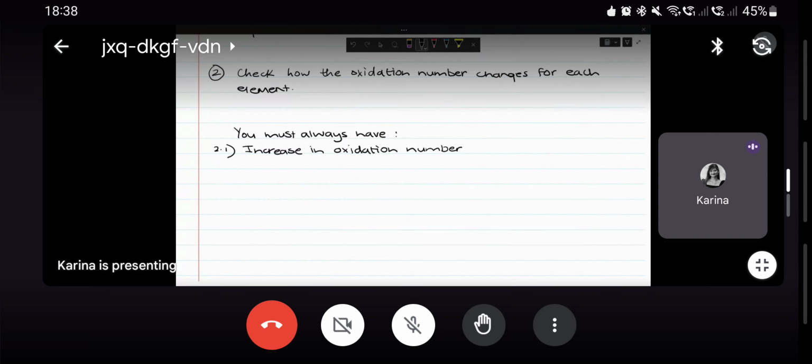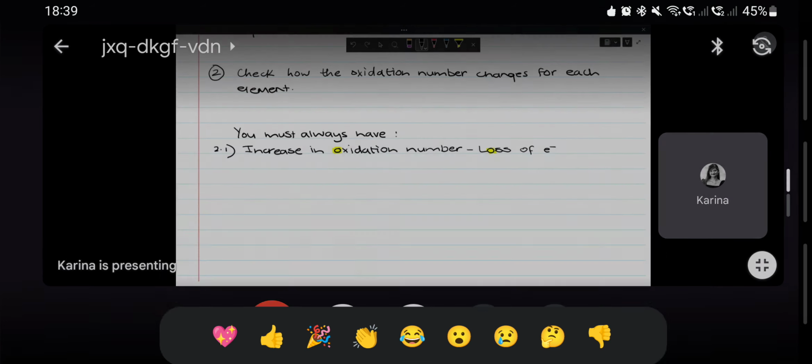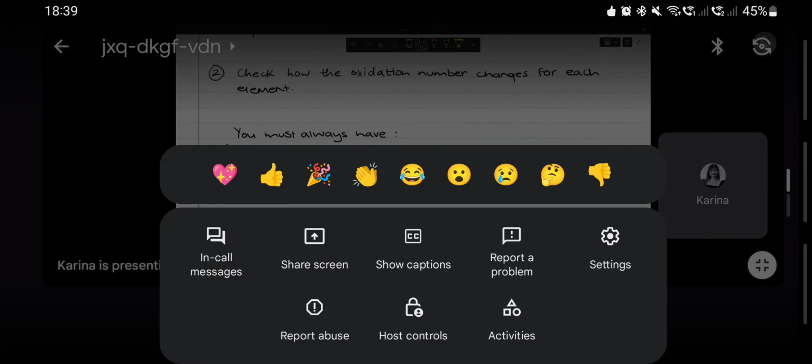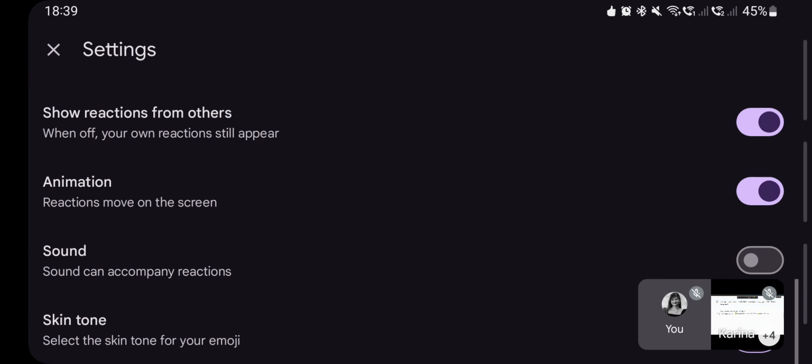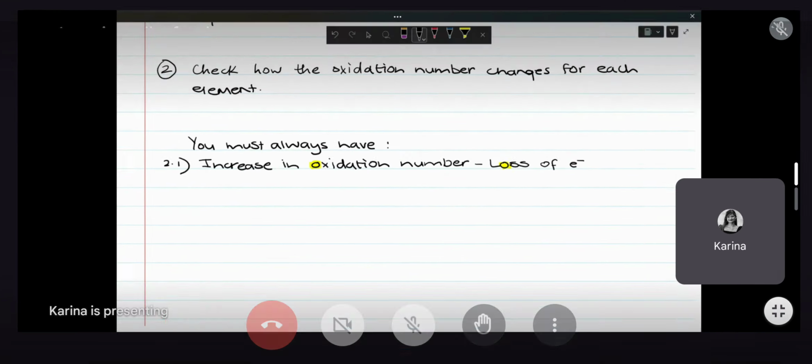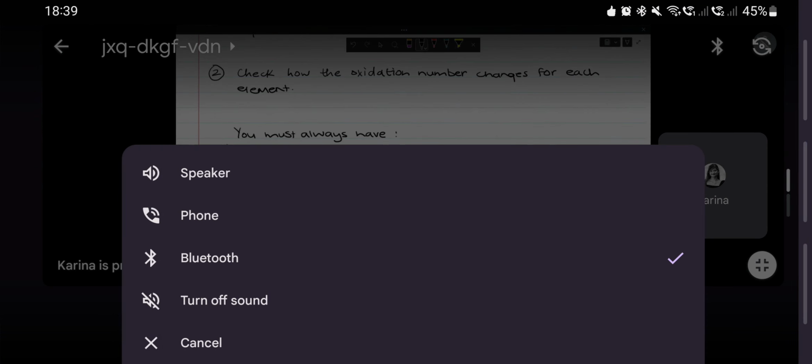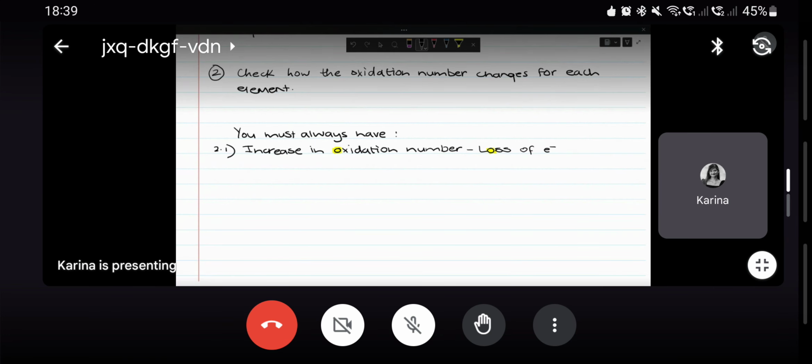If we've got an increase in your oxidation number, this is the same thing as a loss of electrons. These things must be more and more familiar so that you know it off. If you're looking at the word oxidation, you automatically know loss of electrons, O for oxidation.